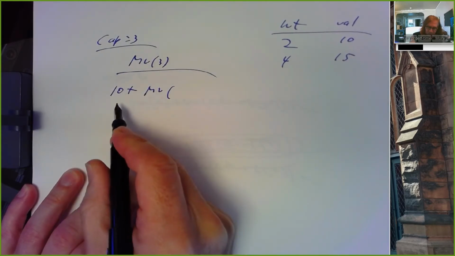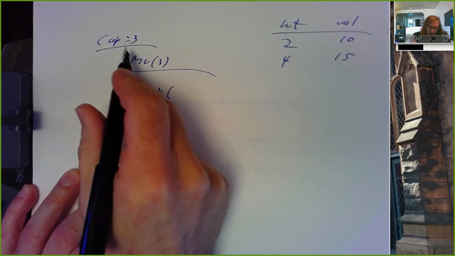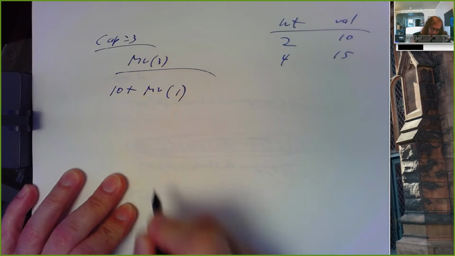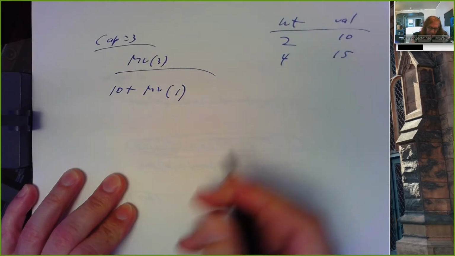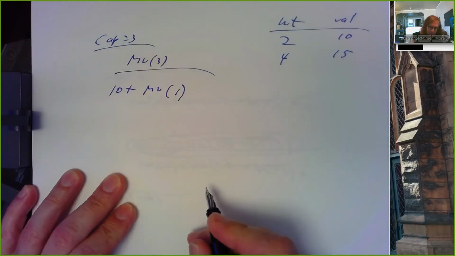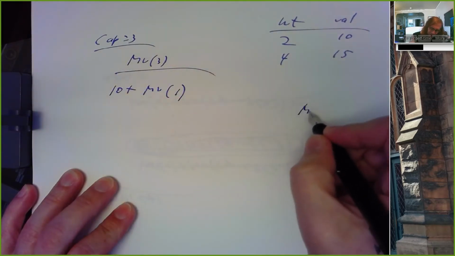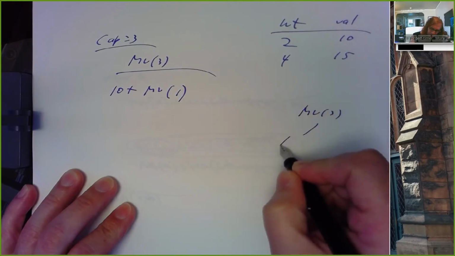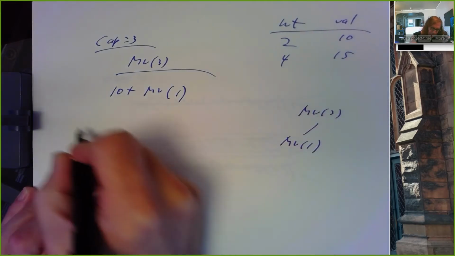I'm going to do the value of item 1 plus maxval of the capacity minus the weight, which is 1. And I'm not going to be able to consider item 2 because it weighs more than my capacity. So MV3 is going to make a recursive call to MV1.